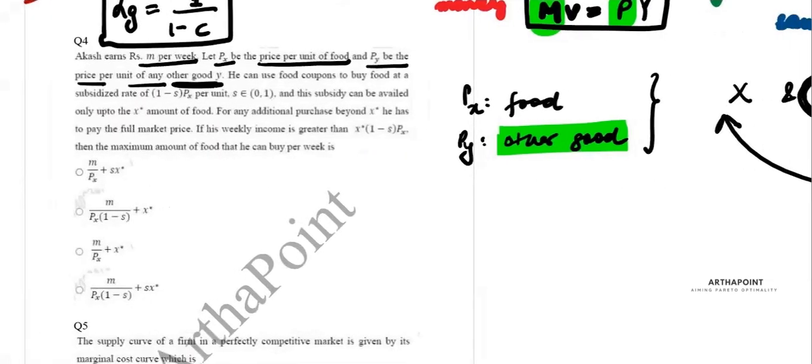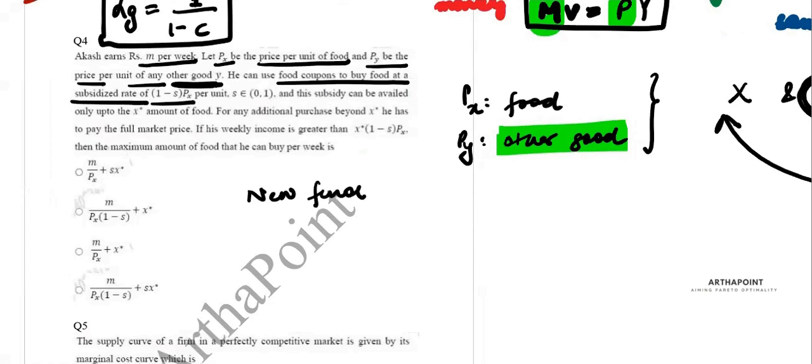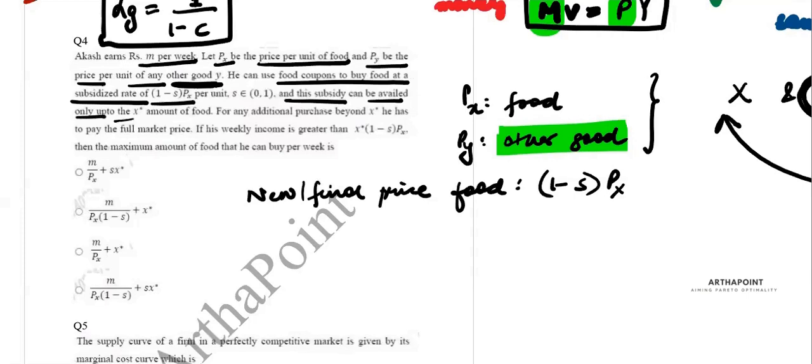Now let's read this out. So this says he can use food coupons to buy food at a subsidized rate of 1 minus S into PX. So your new or final price of food is 1 minus S into PX. And this subsidy can be availed only up to X star units. So it's not that you keep on consuming and you will get that price.